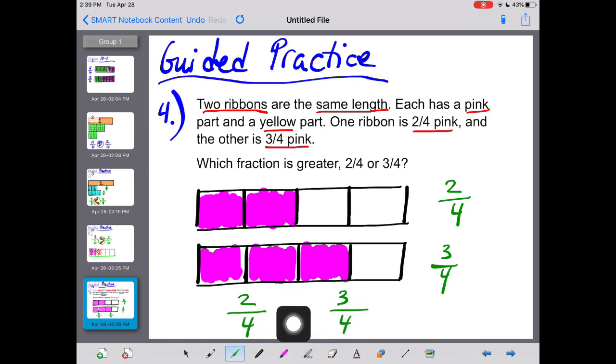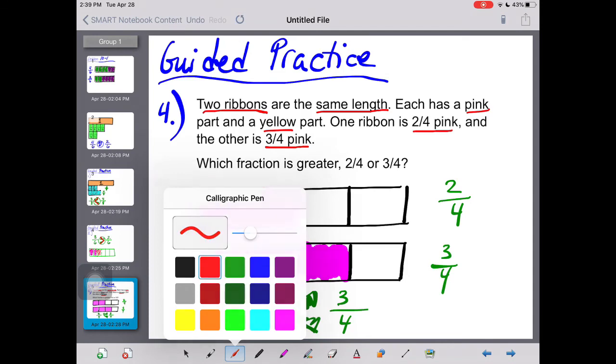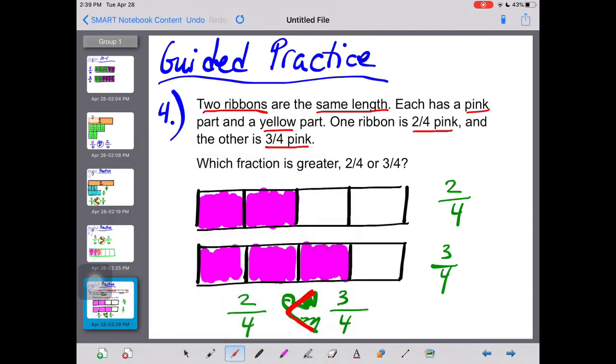For the less than symbol, think about having the alligator's mouth open towards the bigger fraction. So that alligator is going to be facing towards the 3/4. Bam. So we have our less than symbol. 2/4 is less than 3/4.